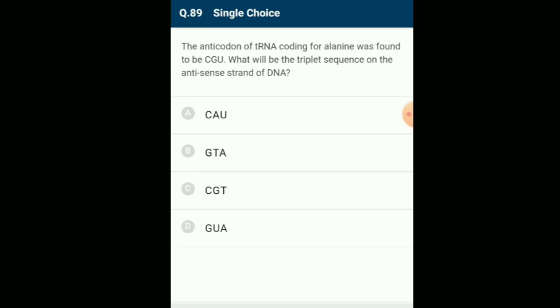Thus the sequence of tRNA will be the same as the template DNA, only interchanging T and U. So tRNA anticodon CGU will have DNA triplet as CGT. So the answer is option C, CGT.